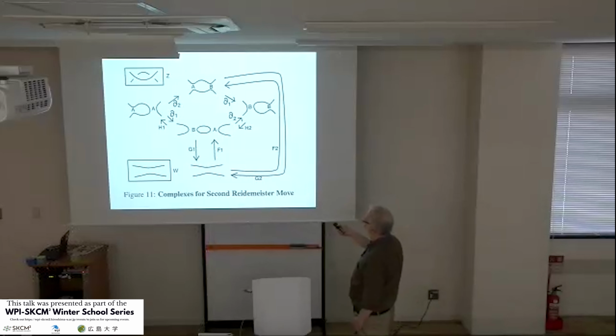Now, what about this way? Boundary 2 going over here is smoothing this crossing here. And that's going through a little saddle. You'll have a picture of it. Boundary 1 is smoothing this crossing, and that gives birth to a circle by smoothing. H1, the only mapping you can think of is to let that circle die.